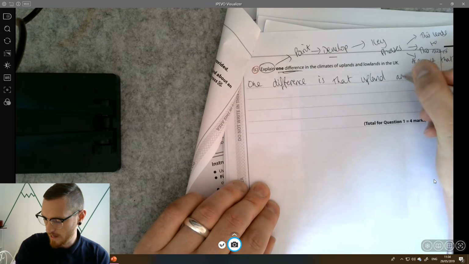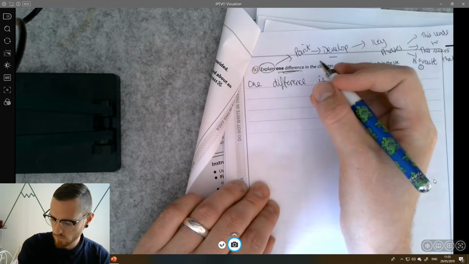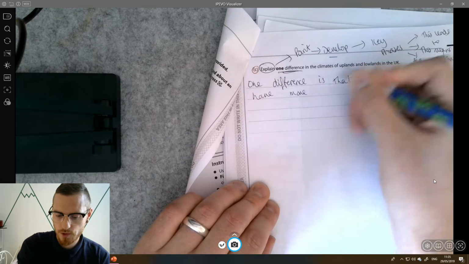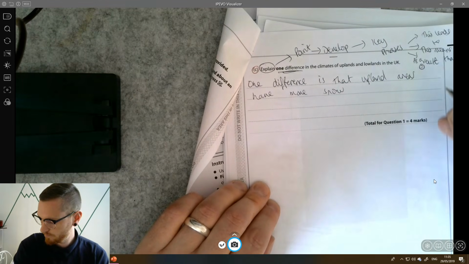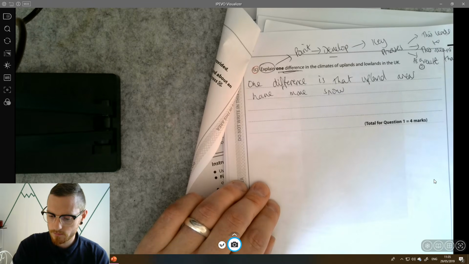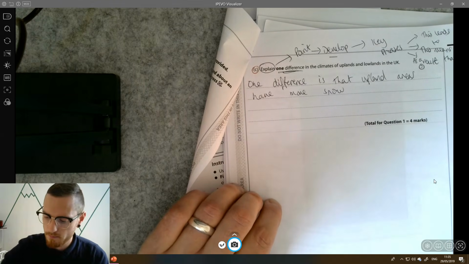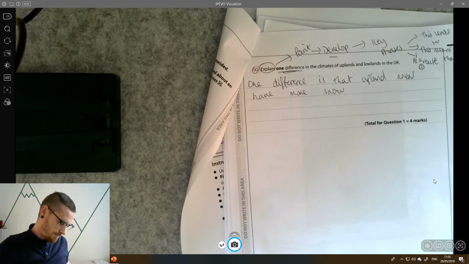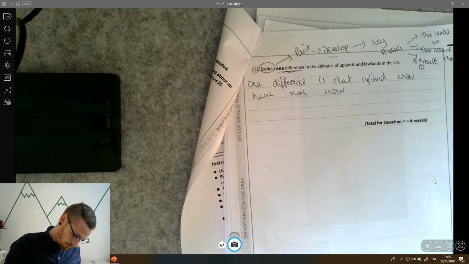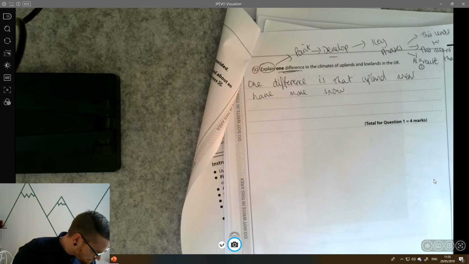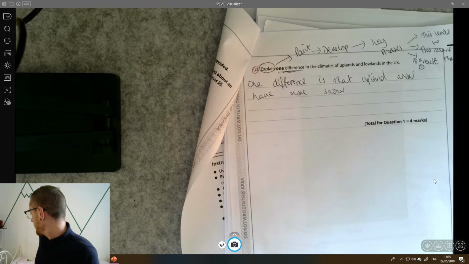upland areas have more snow, and I'm going to use a key phrase here, which I'm just going to put in a different colored pen. Which I do not have.